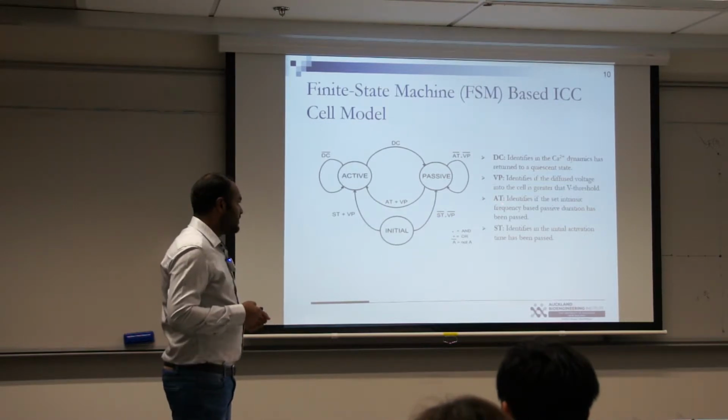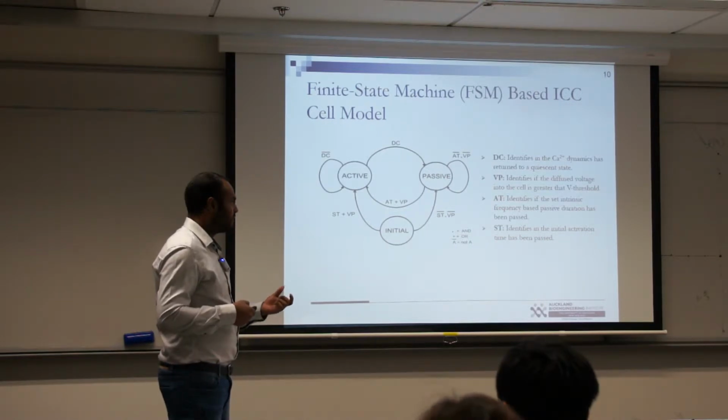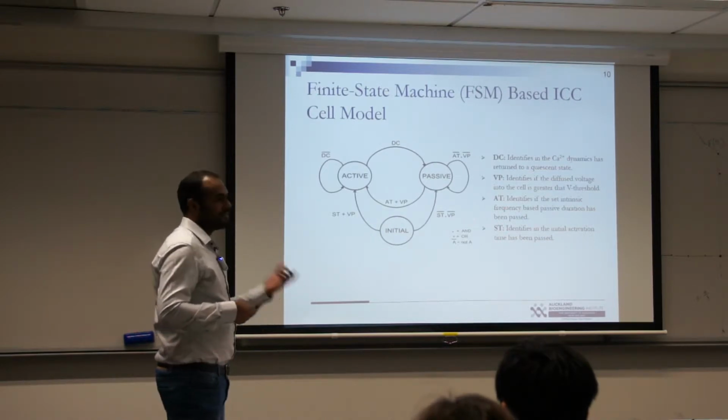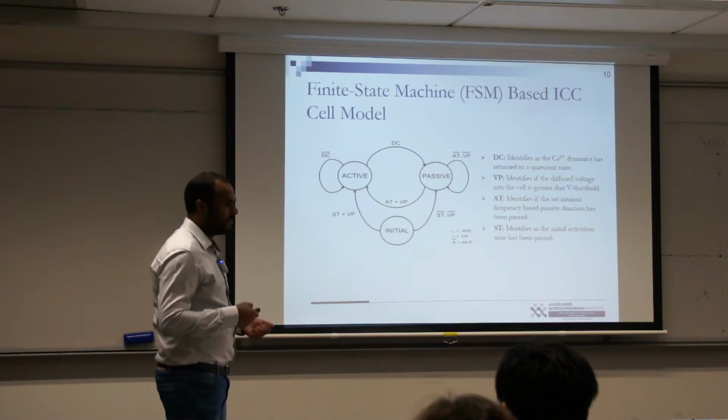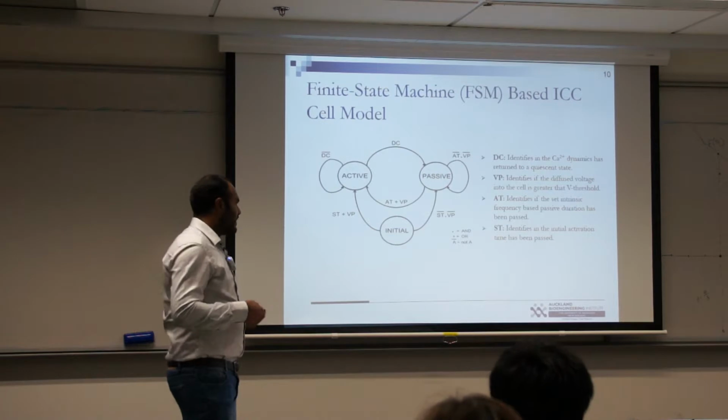Then AT is the intrinsic frequency, so you have the passive duration and also the active duration. AT is the intrinsic frequency set parameter. Now ST defines the initial activation, which is only relevant when the state is in the initial state. I will explain how things work.